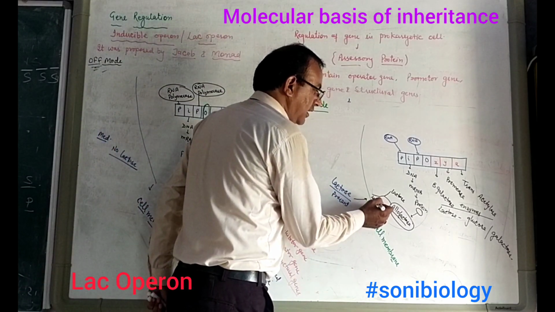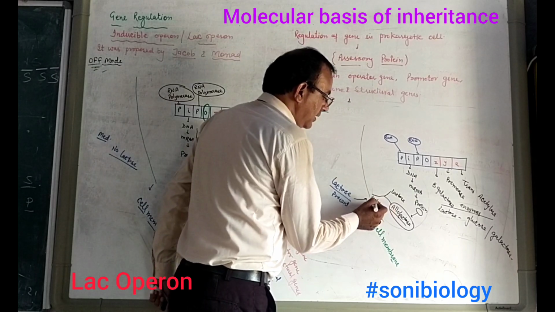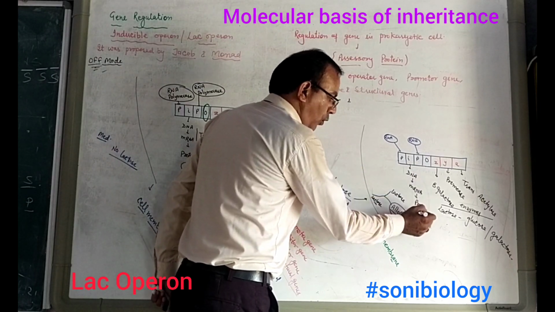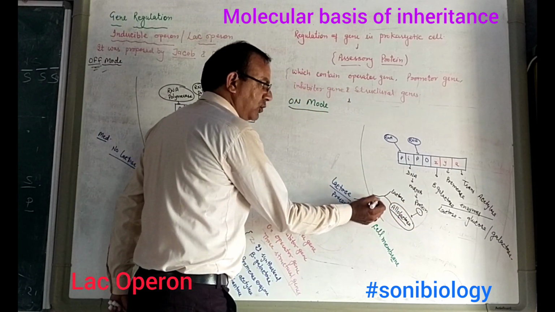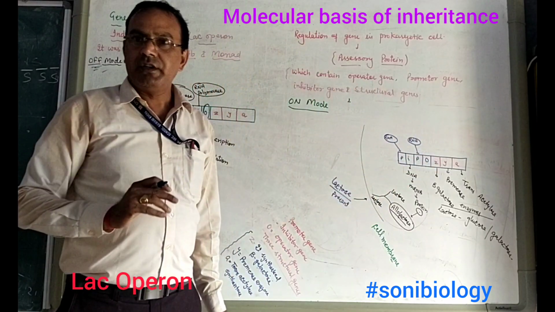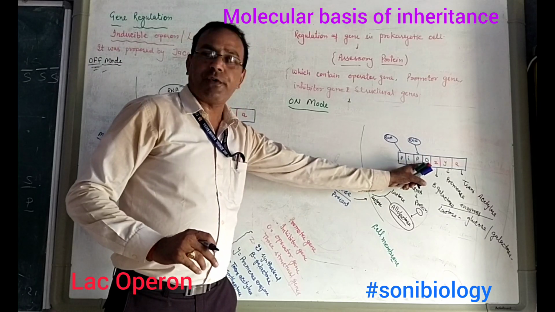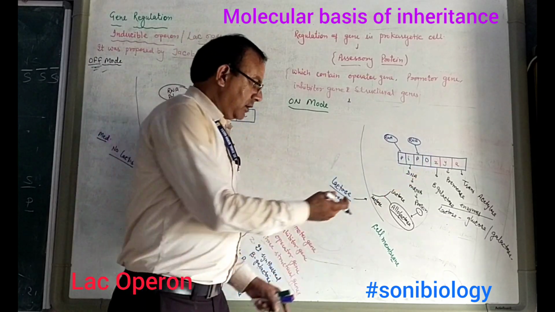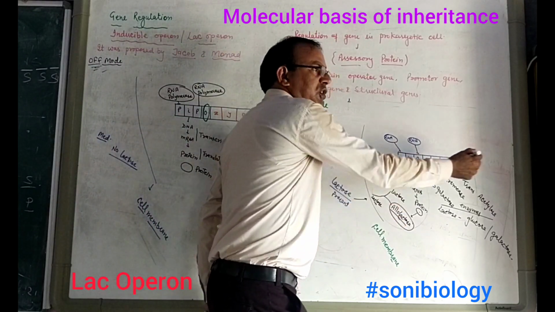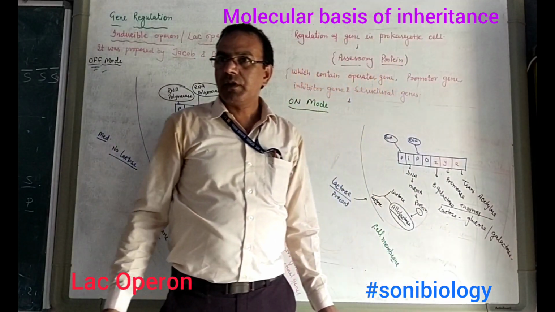As lactose enters the cell, the protein synthesized shows high affinity to react with lactose rather than the operator gene. So the protein remains here and doesn't reach the operator gene, which forms allolactose, and the process will continue.